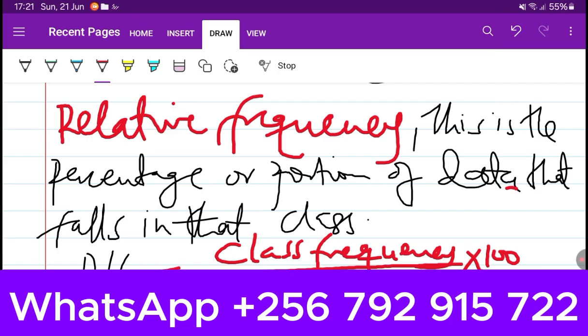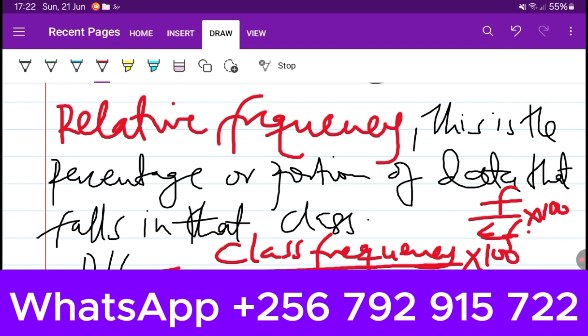Others can say frequency over total frequency, summation F, times 100. So those are some of the things that we need to understand.